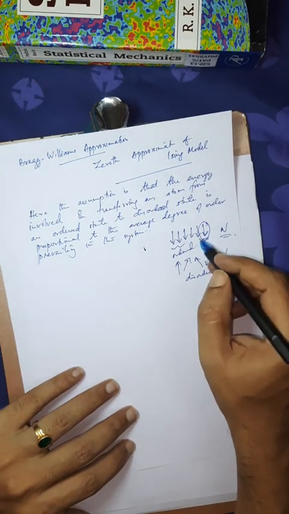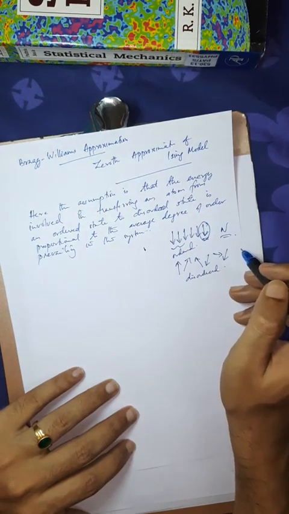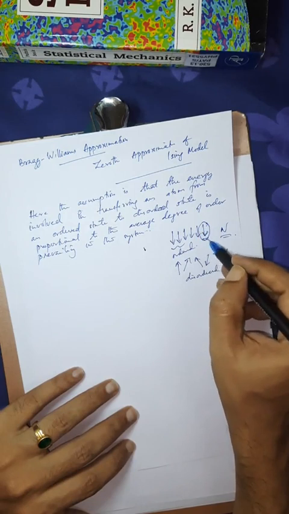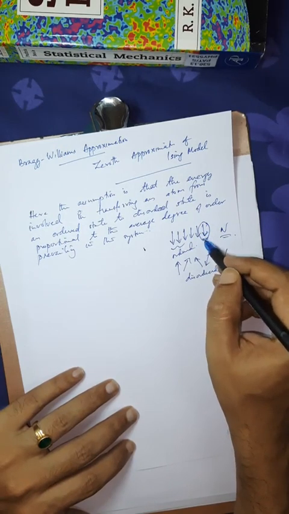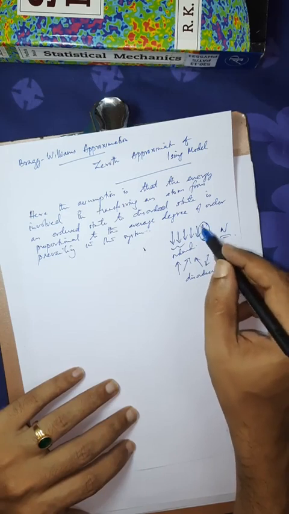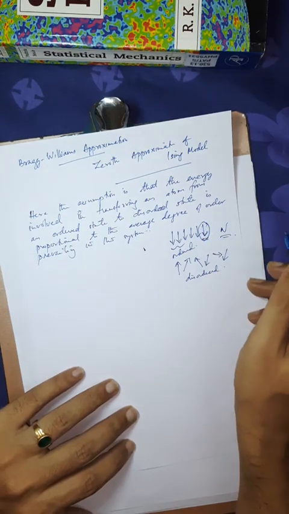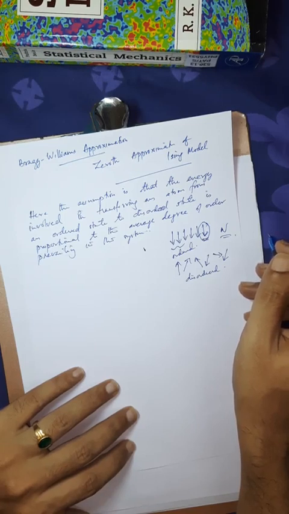That order should be considered while we discuss the dynamics of the spin quantum number of this system. That is what the zeroth approximation of the Ising model, or the Bragg-Williams approximation, is trying to explore.